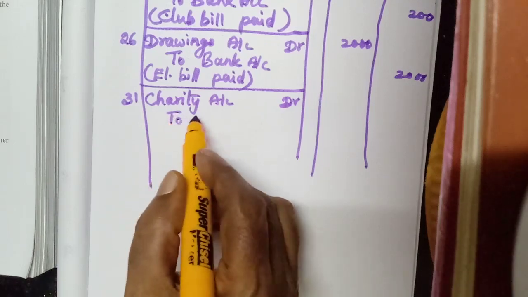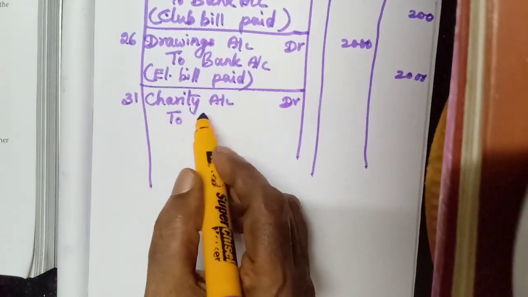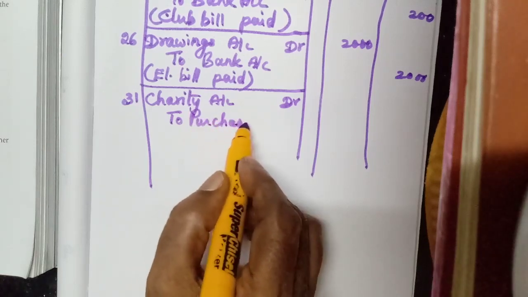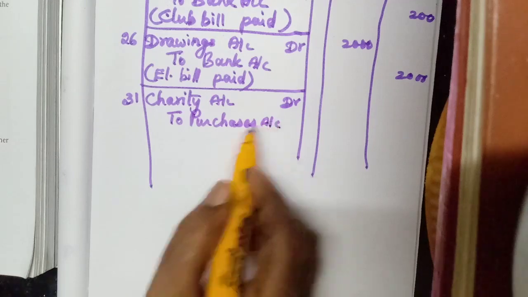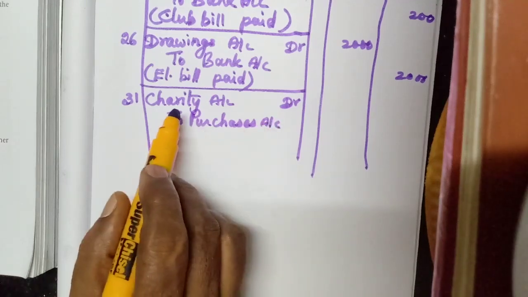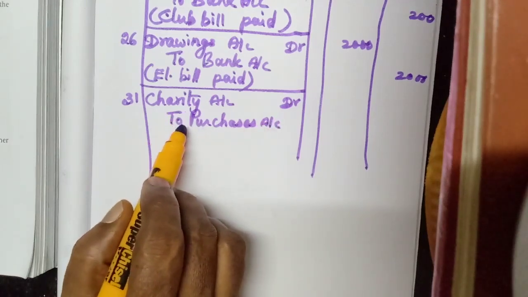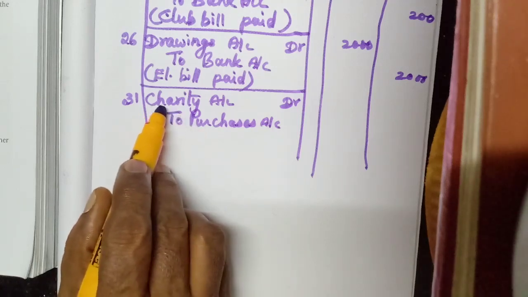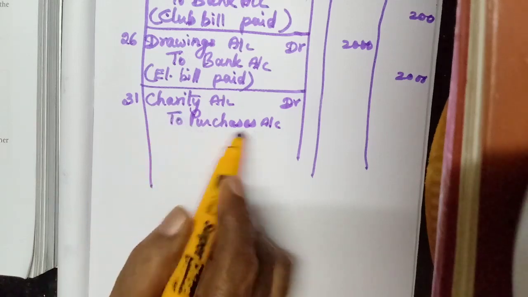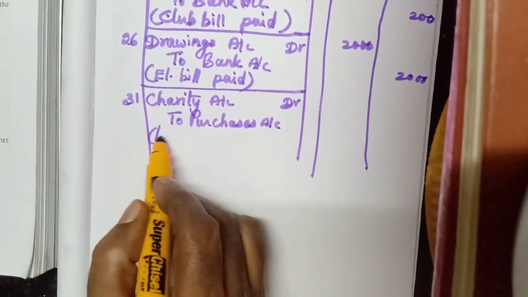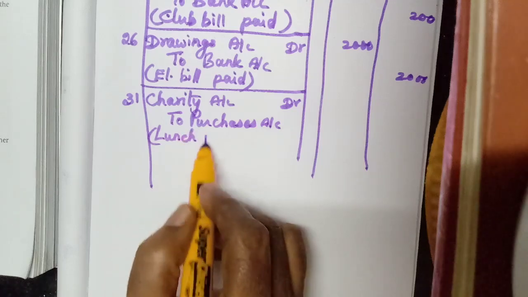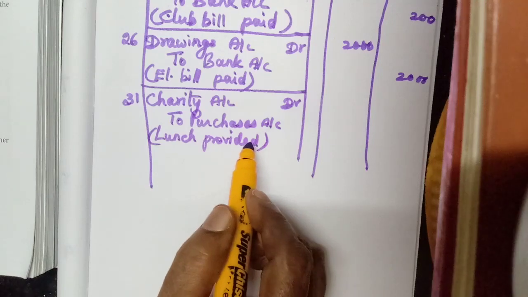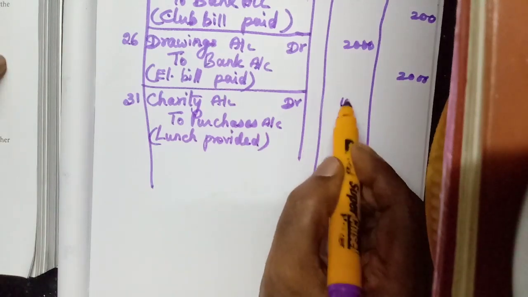The purchases, the things we are using for this charity purpose. So we should credit the purchases account because he is running a hotel. Okay, one hotel is being run by him. So we should think that the goods he is using are for providing lunch for them. So the purchases account should be credited. Lunch provided. 1,000.